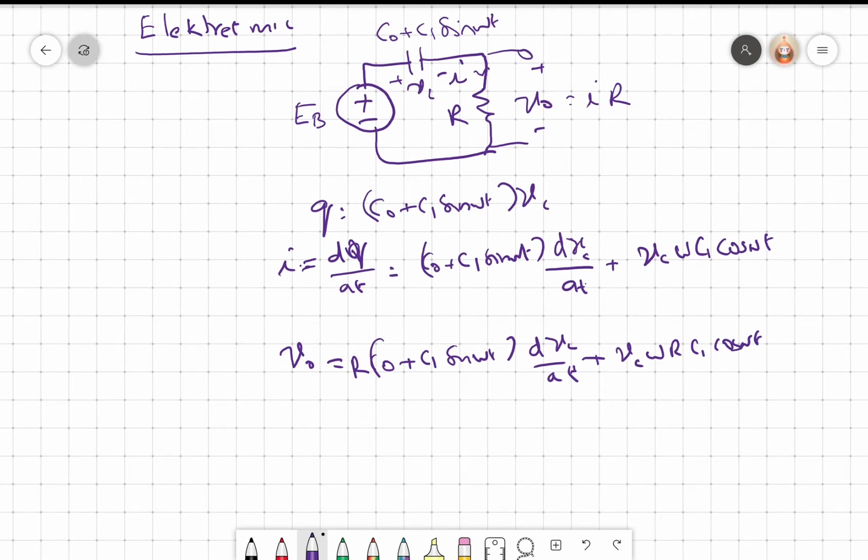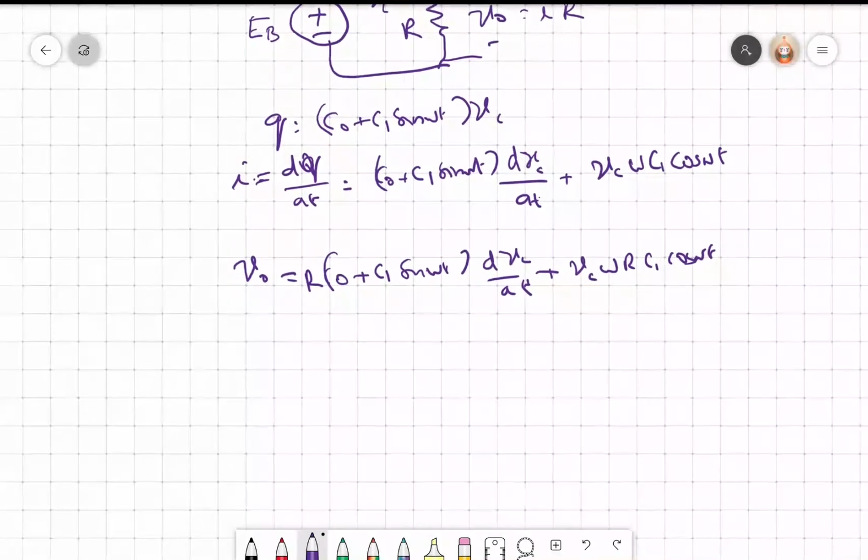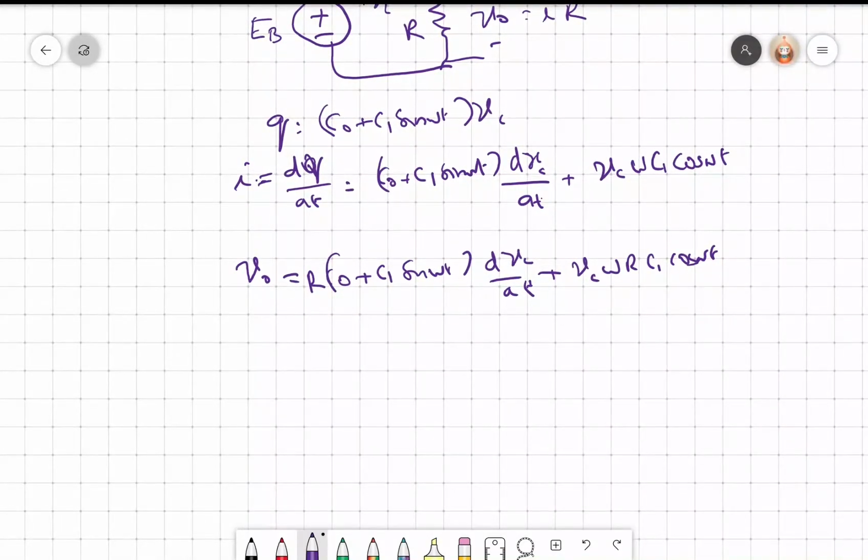Now this is a nonlinear differential equation, a little bit difficult to solve. So since we are giving input as sine omega t, we assume that the output could be sine omega t or cos omega t. So we can generally say V0 is A sine omega t plus B cos omega t.